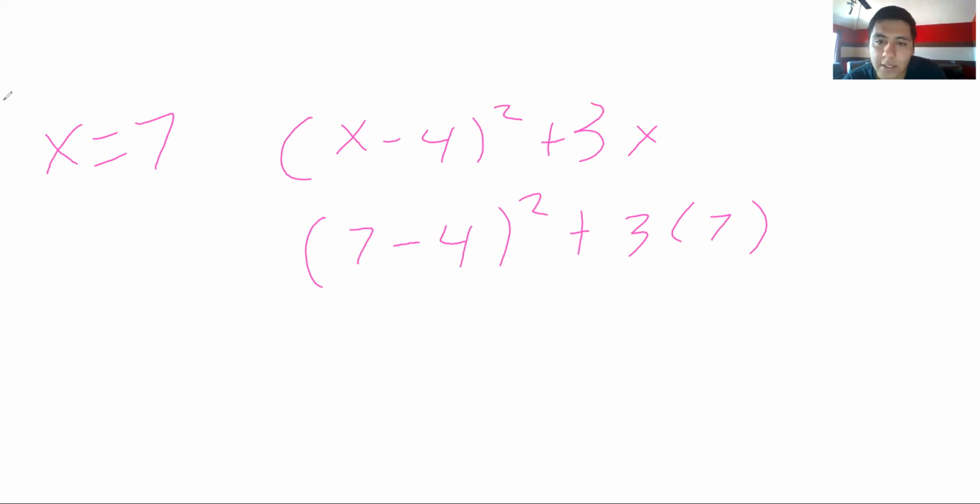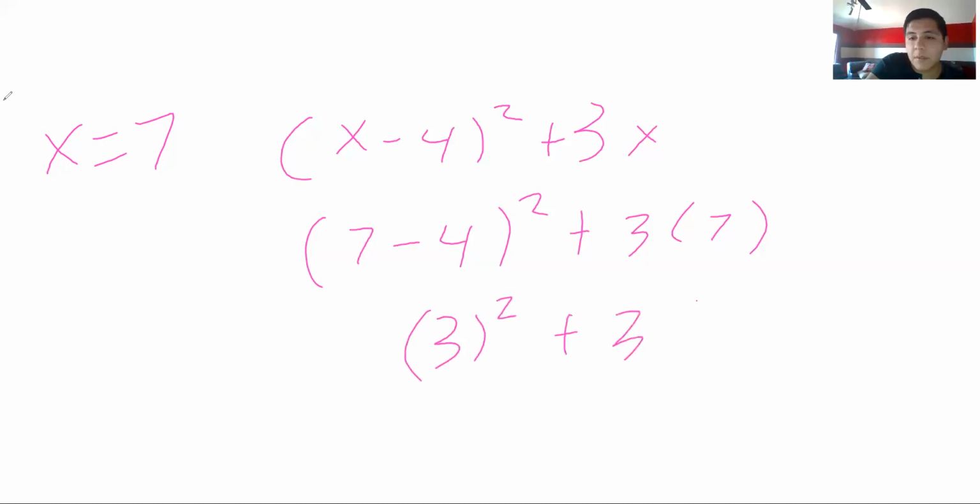So what do we start off with first? The parentheses, right? Inside the parentheses, what do we have? 7 minus 4, which would be 3.